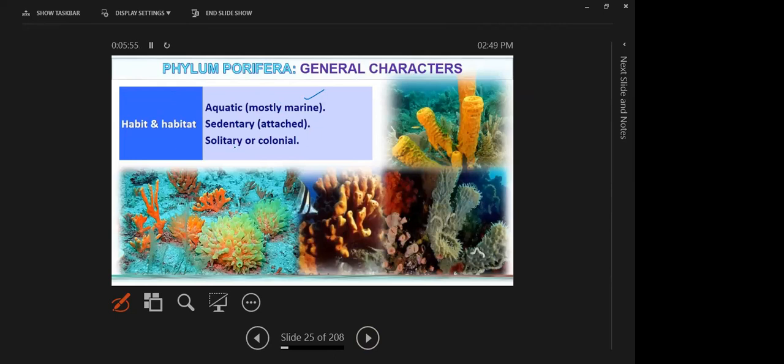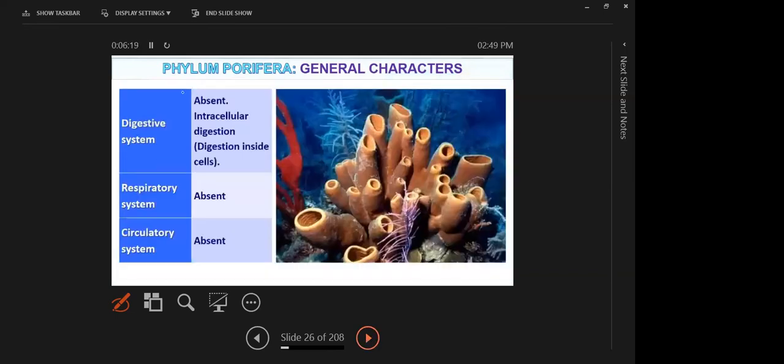Either they are present solitary, singly, or colonial, that means in colony form. All these different sponges you will get to see at the bottom of the ocean. So they are marine. Digestive system absent.